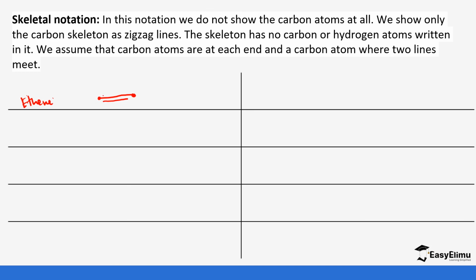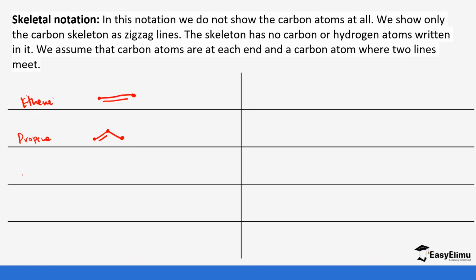Rarely will you see ethene in skeletal notation because of just the two carbon atoms. But when you come to propene, that has three, so you draw the first one and the second one. You can see there is a carbon here, and a carbon here. So if you want to place the double bond in the first carbon, you place a smaller line below it.